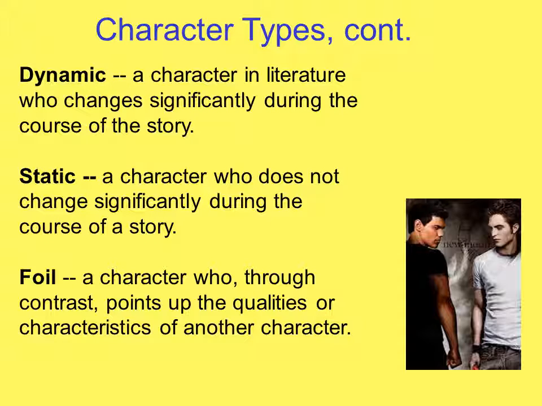More character types. Dynamic characters, one who changes significantly. A static character remains the same. Protagonists are almost always dynamic. And then we have the foil character. And the Twilight series offers us a perfect set of foils.